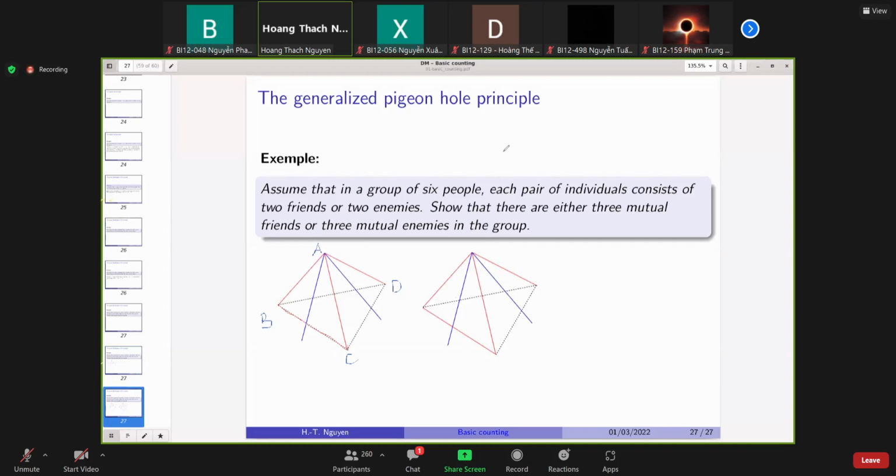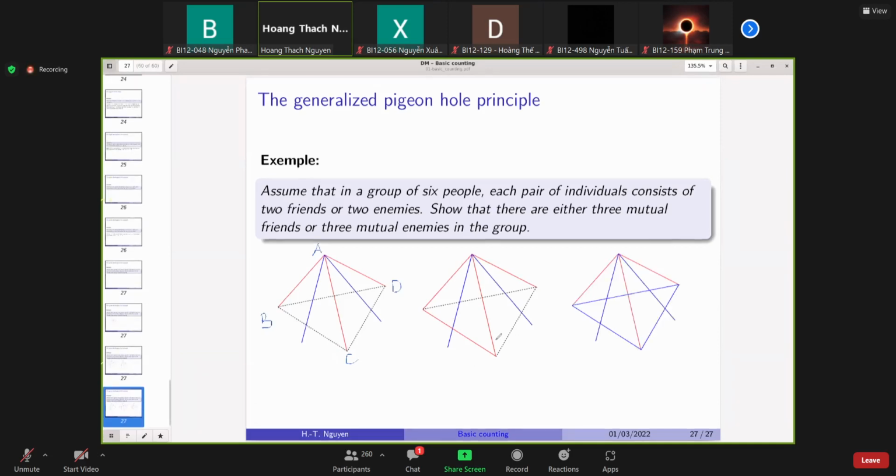But if this triangle BCD doesn't have any red edge, then it is a blue triangle. That means that here we have found a group of three mutual friends. Do you understand this example?